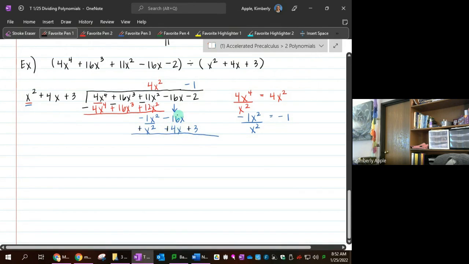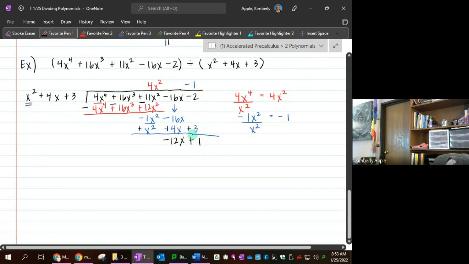What does this end up being? Negative 12x. What are these two right here? It's going to be plus 1, right? Oh, you see it? Yeah. We just didn't get a chance to bring it down to include it in the division, but that's just because we can't divide anymore.